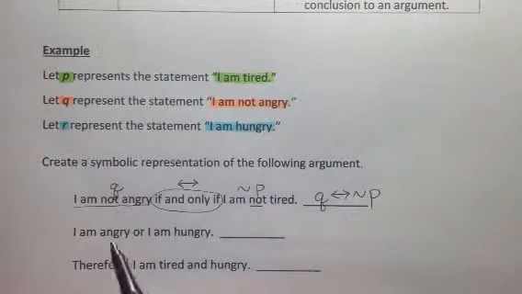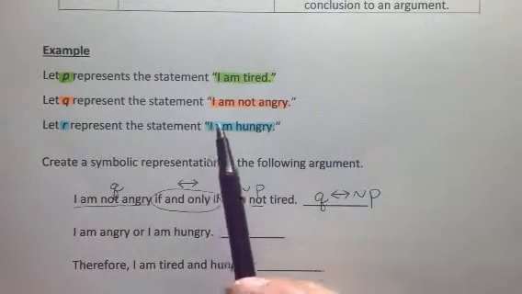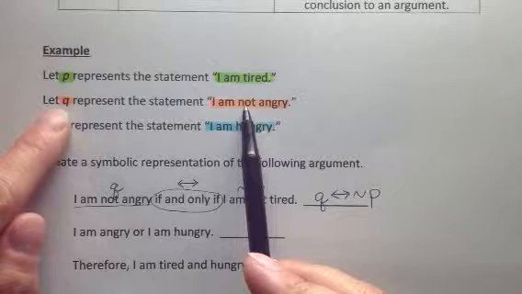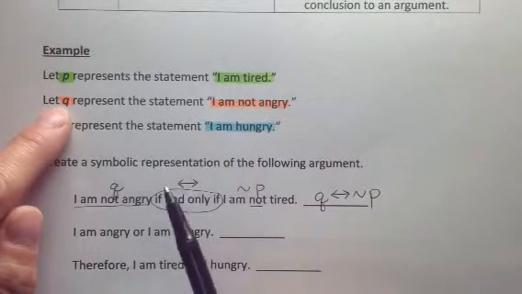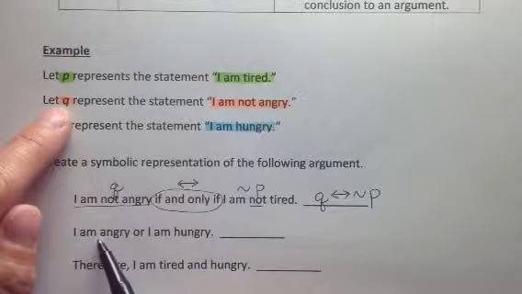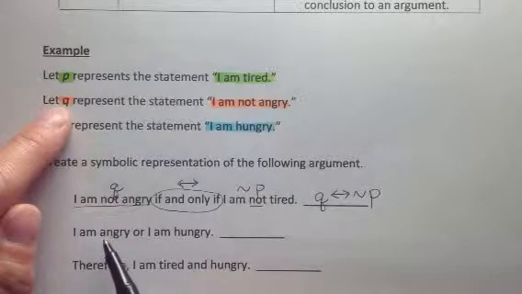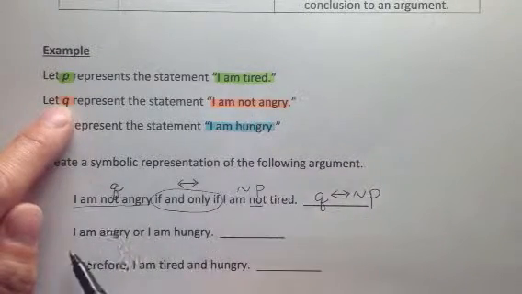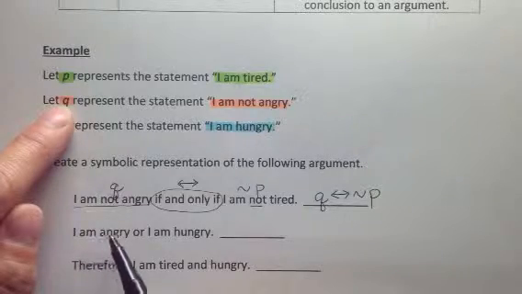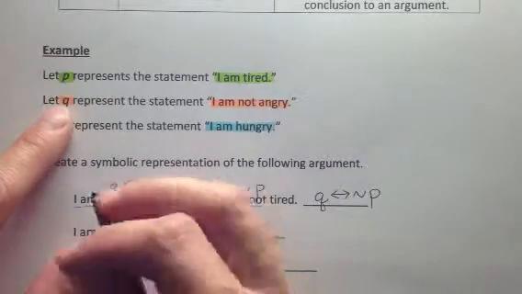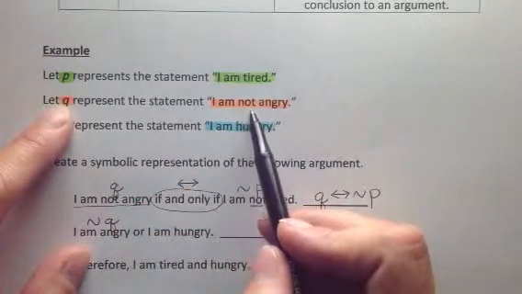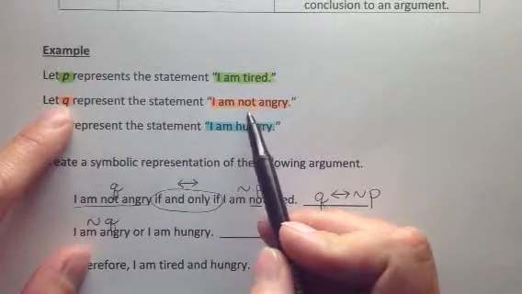Okay, I am angry. Okay, I am not angry was Q. So now we're negating it. So even though it says I am angry and there's no not in it, because the original statement Q has the not, when I negate it, it becomes I am angry. So this is actually not Q because it's the opposite of Q. Q was I'm not angry.